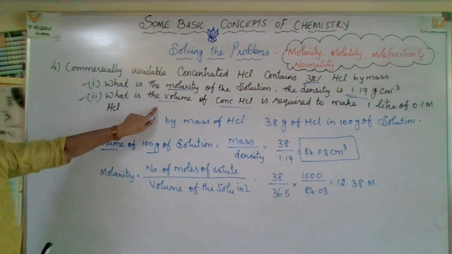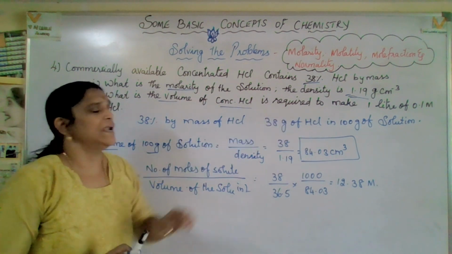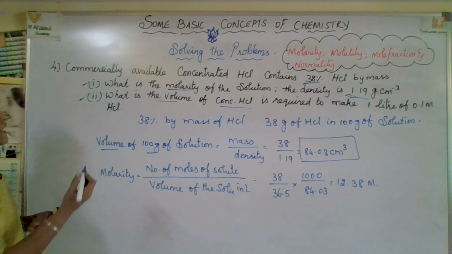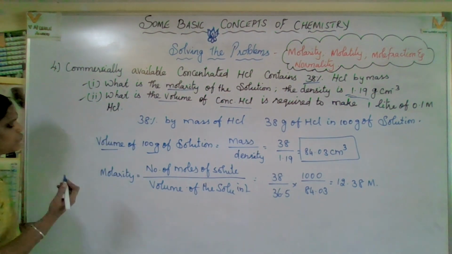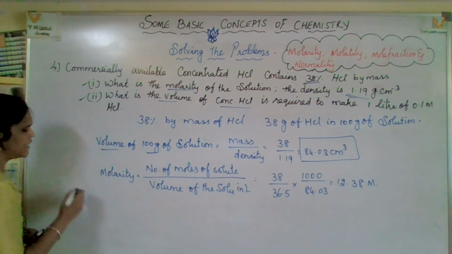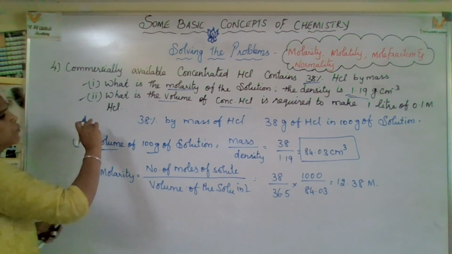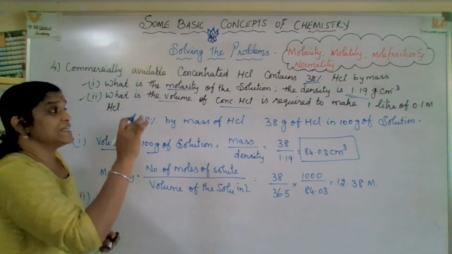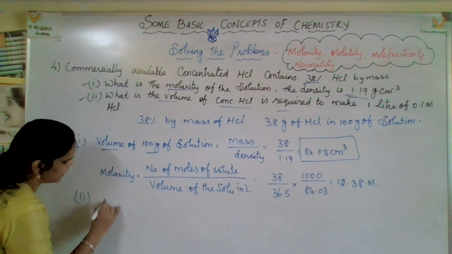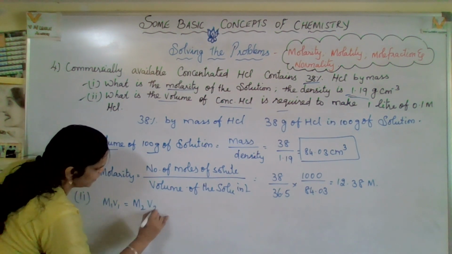Now let us identify another question. What is the volume of HCl required to make 1 liter of 0.1 M HCl? Here we have to find out the volume. So we have to follow the formula M1 V1 equals M2 V2.